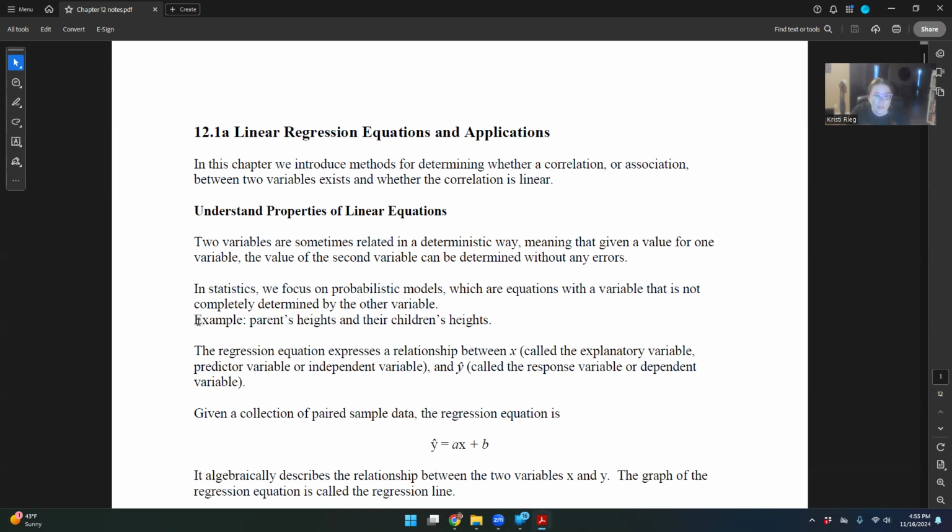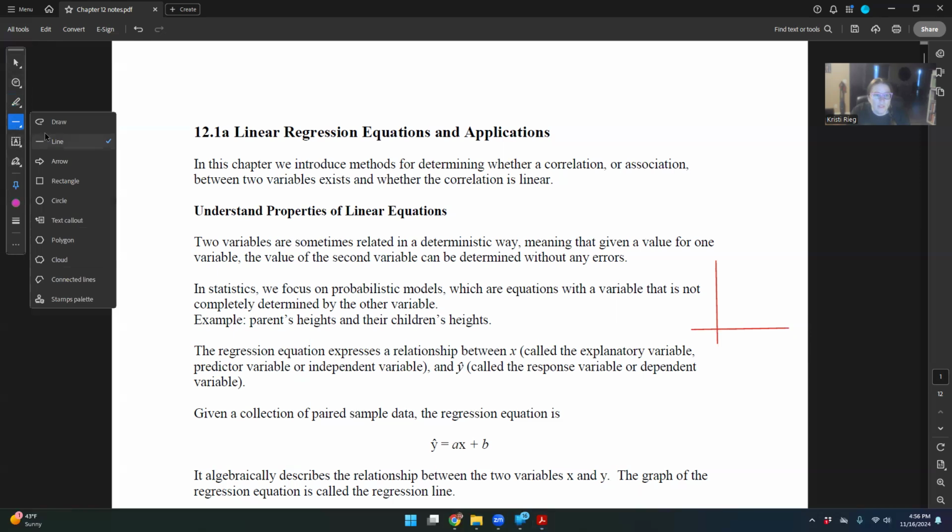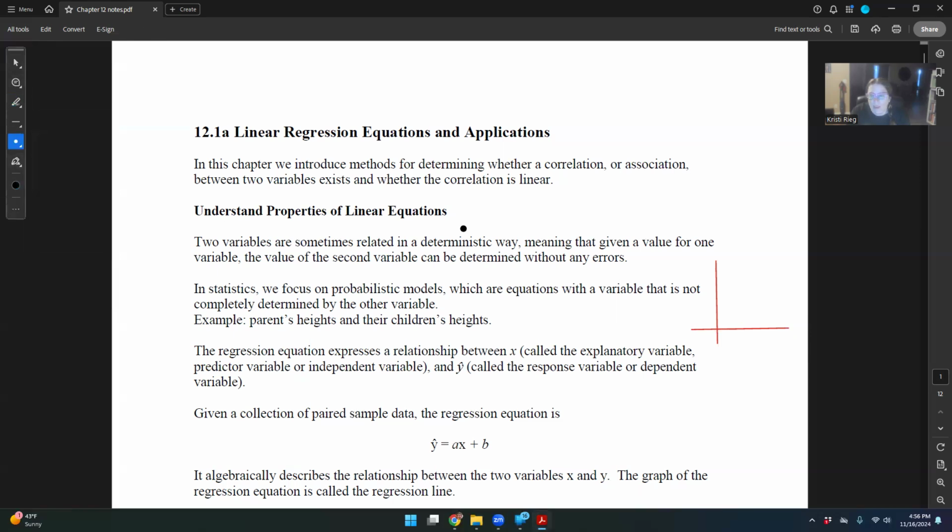So for example, parents' height versus their children's height. If we were talking about children's heights versus their parents' heights, let's make a nice little axis right here. Let me label these axes real quick.